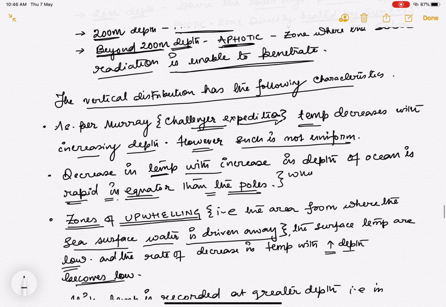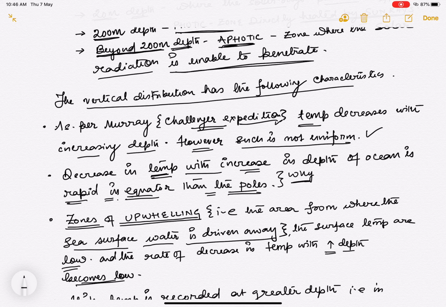See, in the equator, or in the tropics, the temperature of the surface water is more when compared to the polar region. Hence, as we had seen, when the temperature is more on the surface, it will continuously decline as we move towards the depth. So such a decrease of temperature with the increase in depth is rapid in the equator.